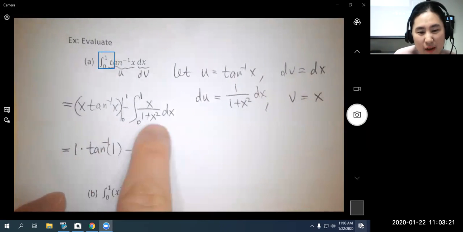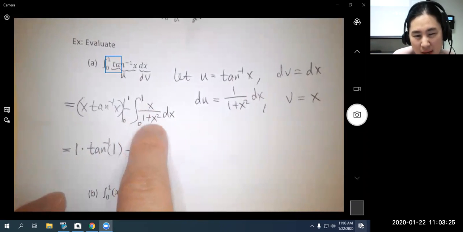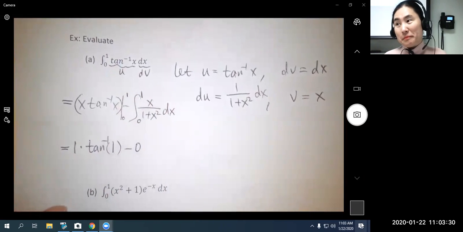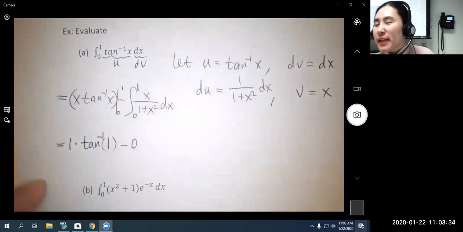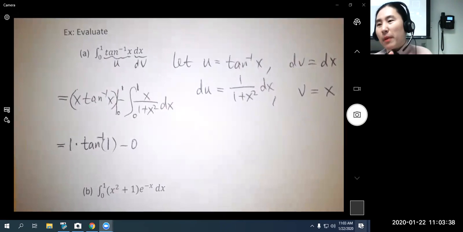And then for this definite integral, x dx over 1 plus x squared, how can we compute it? So far we've learned how many techniques? Two: substitution and integration by parts.